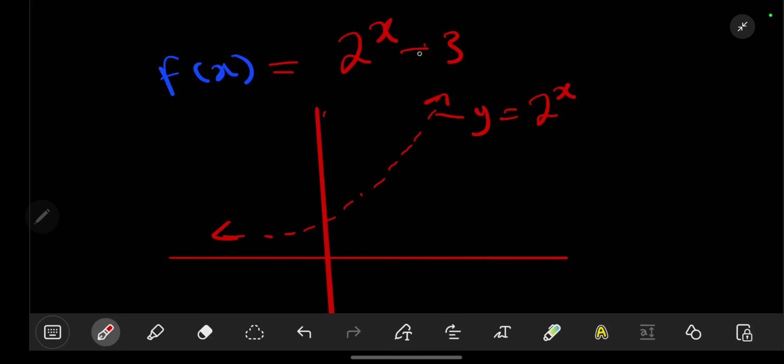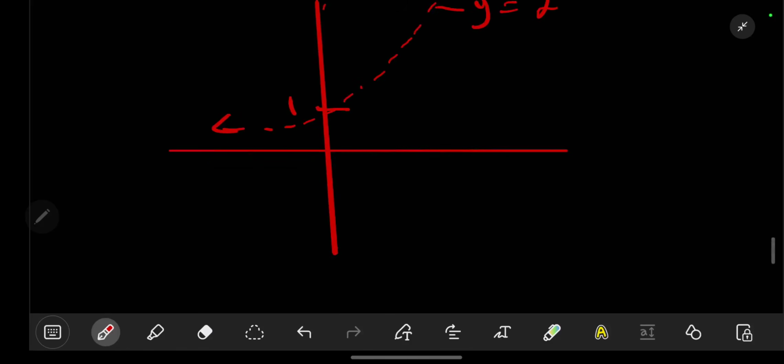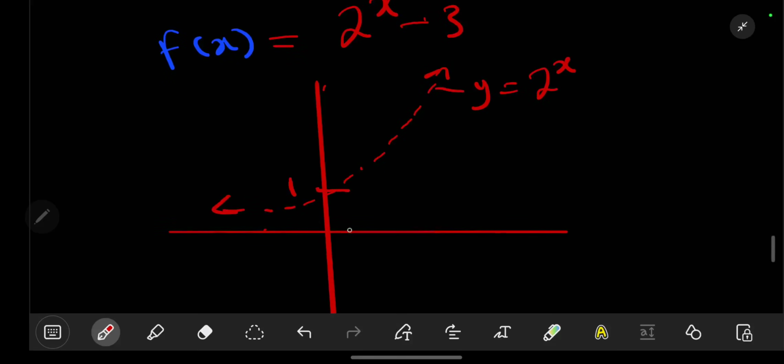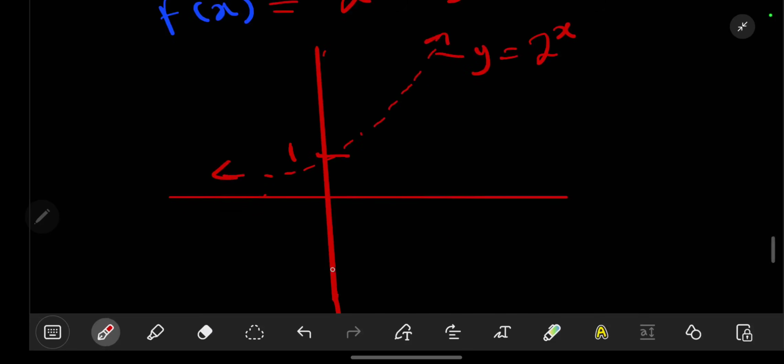Now you are going to say, this is a shift in the y direction, meaning to say you are subtracting 3. So this point is 1, so that means to say 1 minus 3. If you have negative 3, remember it's not crossing 0, it means to say 0 minus 3 will be at negative 3 like that.